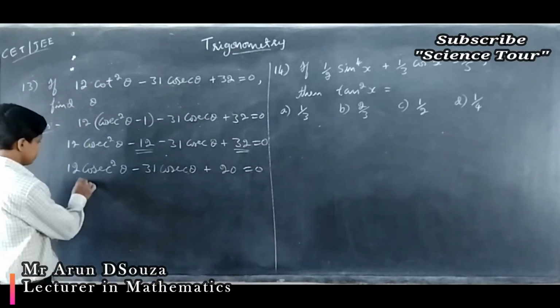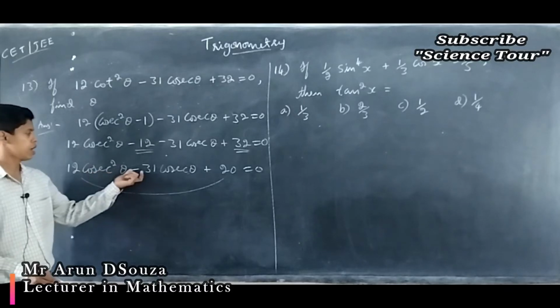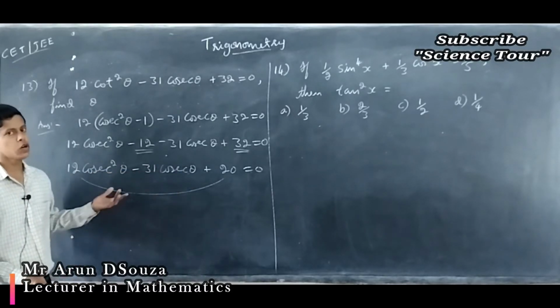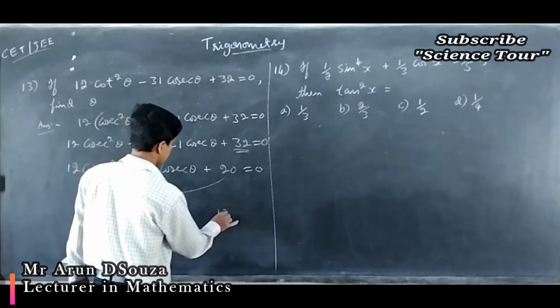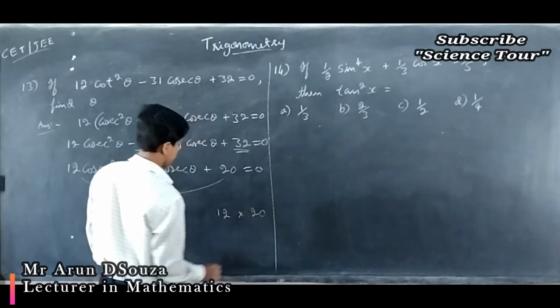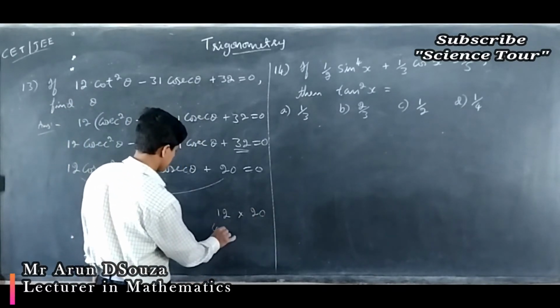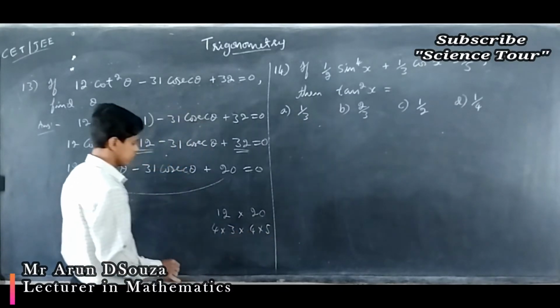Now look at this. Factorize. This is like 12x square minus 31x plus 20 is equal to 0. Quadratic equation. So you got to factorize it. See, when you multiply, you should get 12 into 20. Okay, so when you add, you should get 31. So just split this. You can write 4 threes and 4 fives.